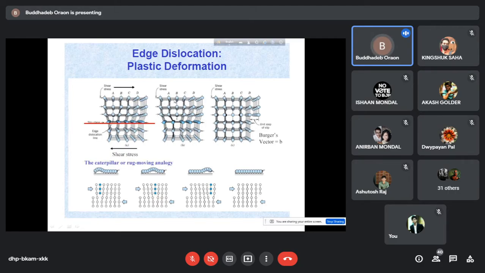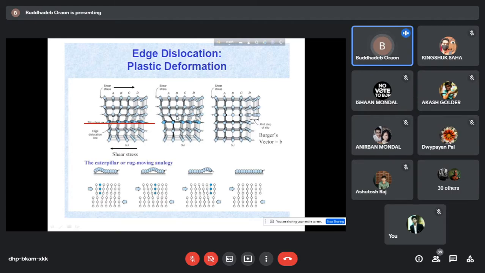Further application of a greater magnitude of shear stress will move it further towards the right side, like position C, D, like that, and ultimately the extra half plane will come out from this whole structure. Come out means it will be on the right hand side, and this is the unit step slip, or your permanent slip, permanent deformation.